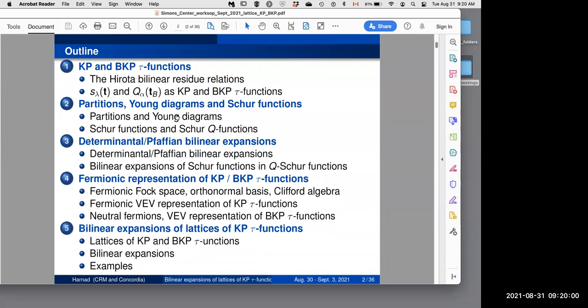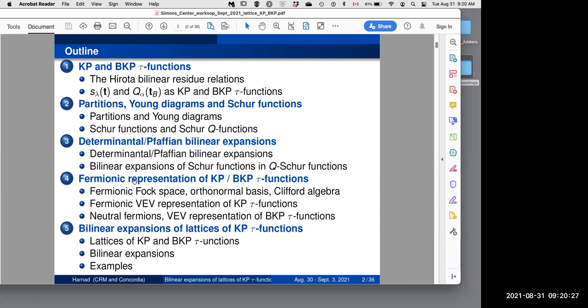Then I'll just recall the usual conventions about partitions, Young diagrams, and so on. And then write down a couple of examples of such determinantal Pfaffian bilinear expansions. You should look at these as sort of hybrid. There's quite a few of these hybrid determinantal Pfaffian analogs of things like the Cauchy-Binet identity.